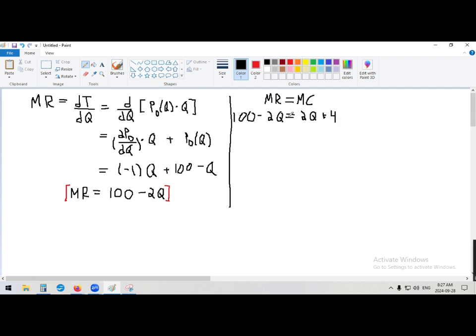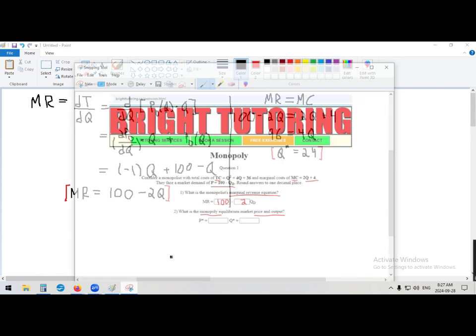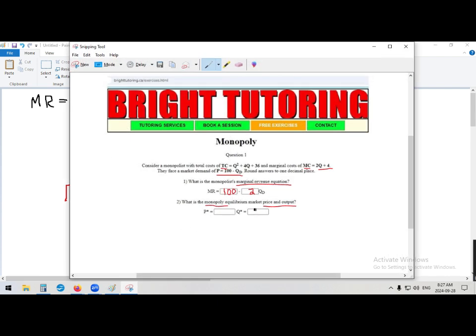So here we can solve for the quantity now. Move the 4 over, we get 96. And then here we have 4Q. So 96 divided by 4, it's going to be 24. So that would be the optimal quantity. We have 24.